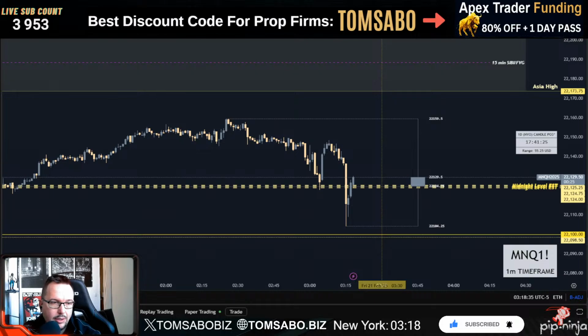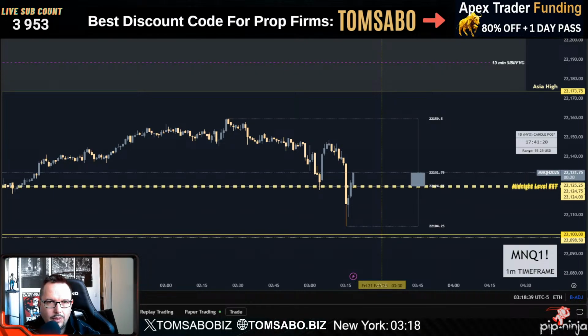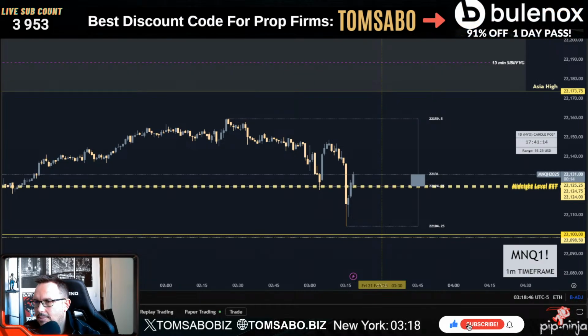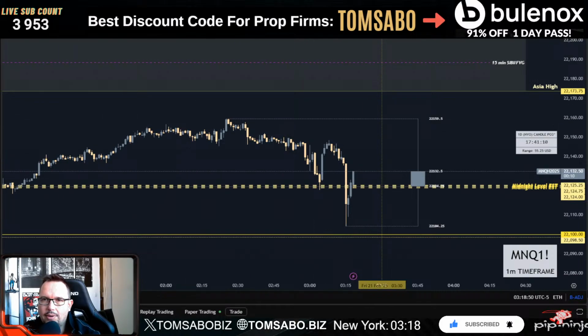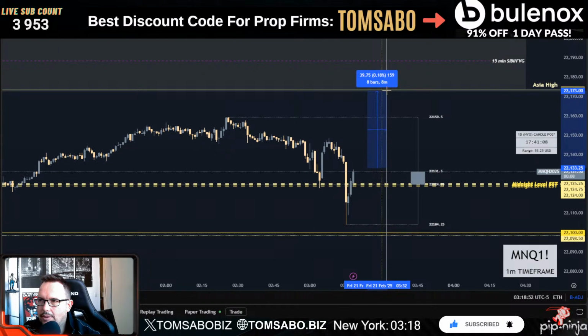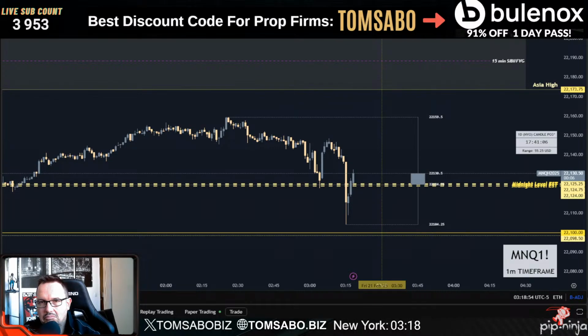What a bounce here, that's for sure. Wow, look at that, nice bounce. I mean, how far is it from the fair value gap? Like 40 points. I mean, it can go.